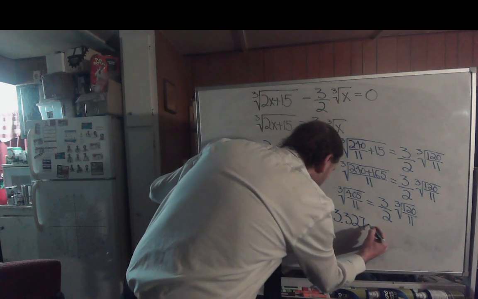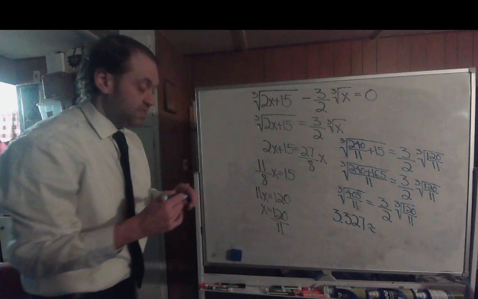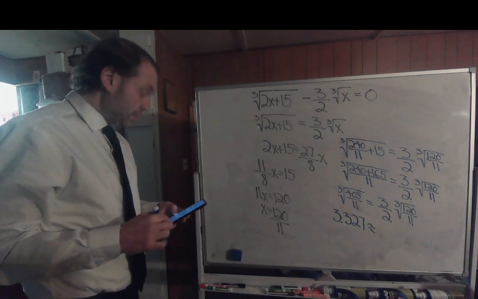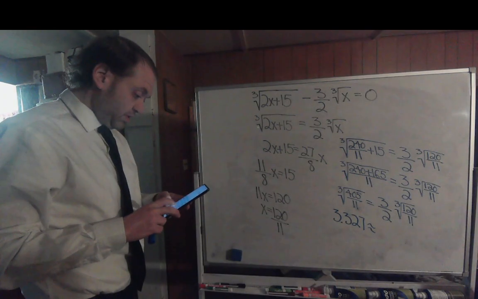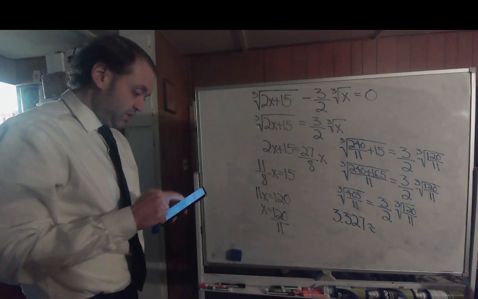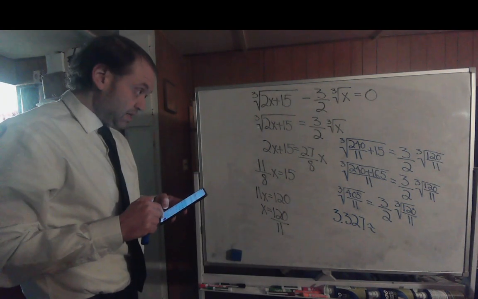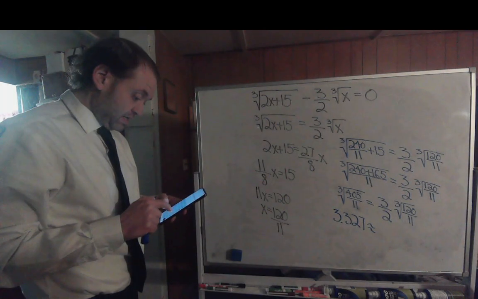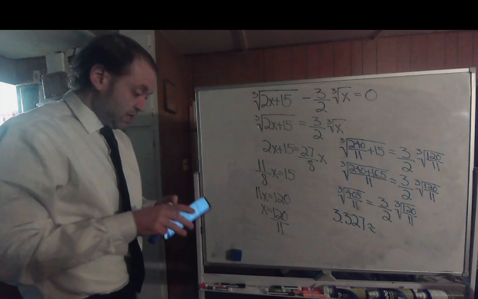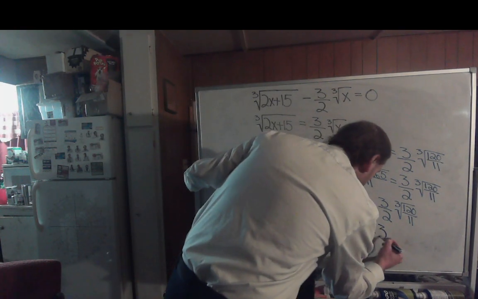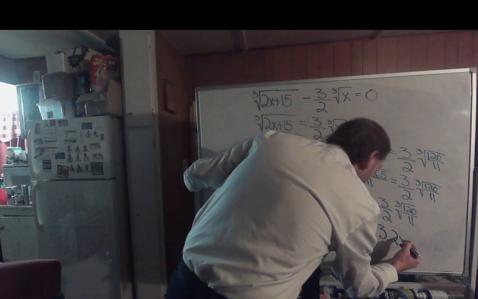Now let's check the other side. 120 divided by 11, take the cube root of that. What do you know? You get about 3.327.